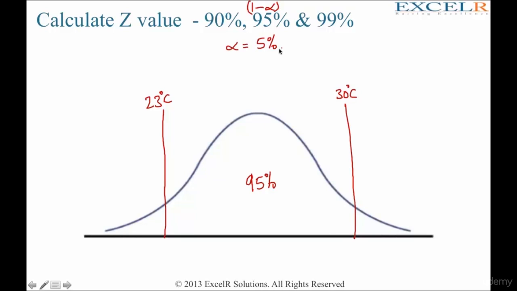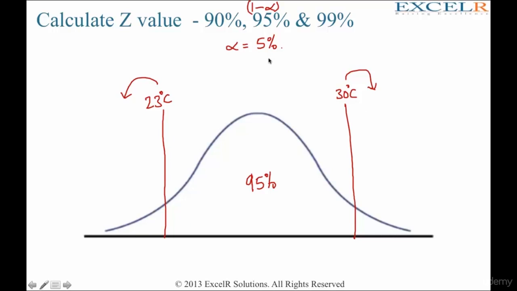What does this mean? There is a 5% chance that temperature can either be less than 23 degrees Celsius or greater than 30 degrees Celsius. Since this is a standard normal distribution, and since this is symmetrical, there is an equal chance of temperature being less than 23 degrees Celsius or greater than 30 degrees Celsius.